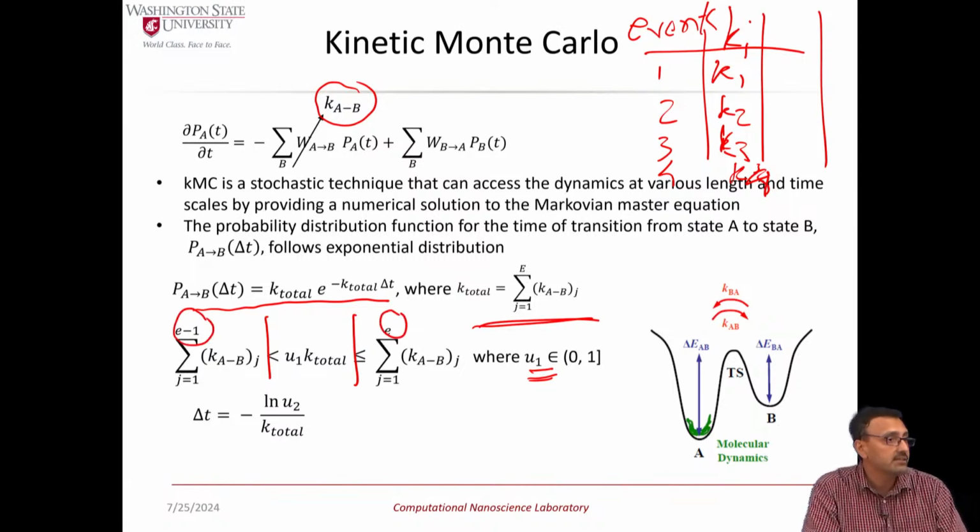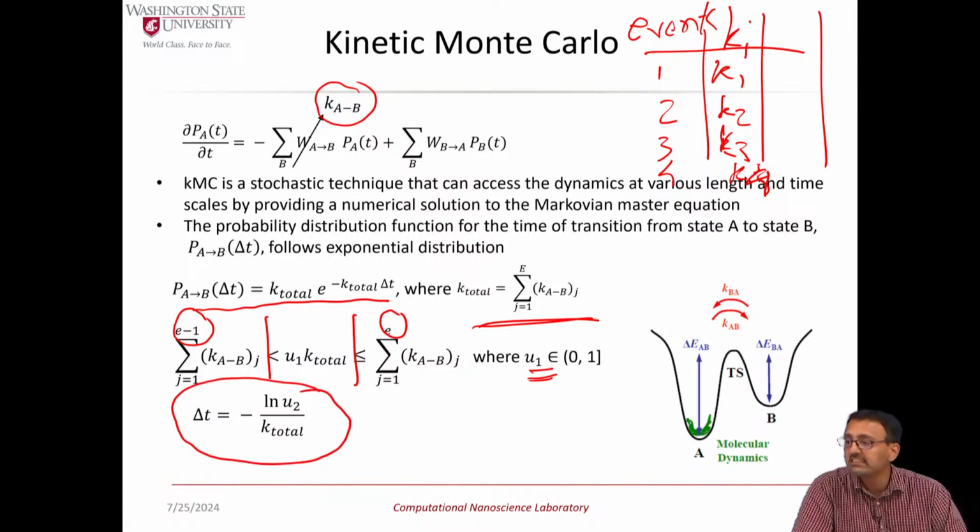Once you have identified where exactly it falls in the array of events, it corresponds to a very specific event that is happening, and then you can evolve the process. And to Dave's point, you can now calculate back a time scale that is associated with this event, because it is an exponential function. This is how you can calculate the time scale, as the natural log of the random number over the cumulative function, basically, of all the transition rates.